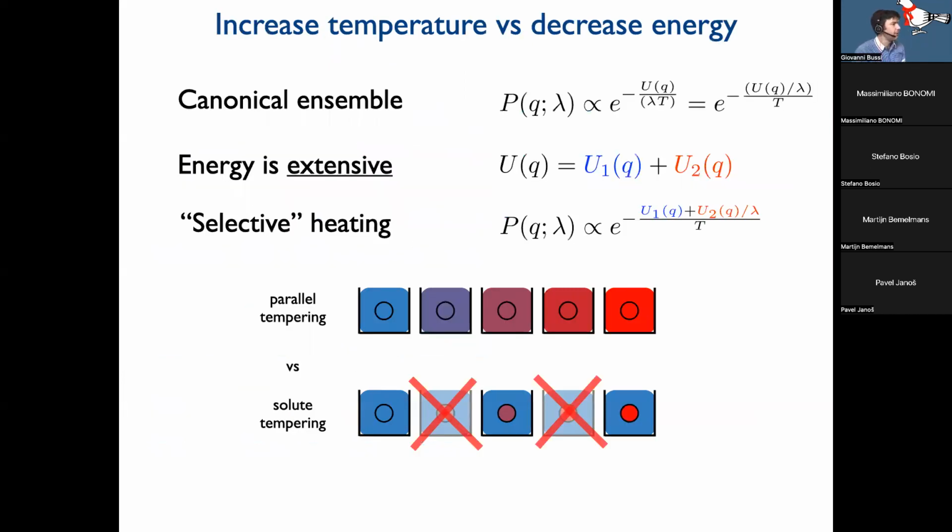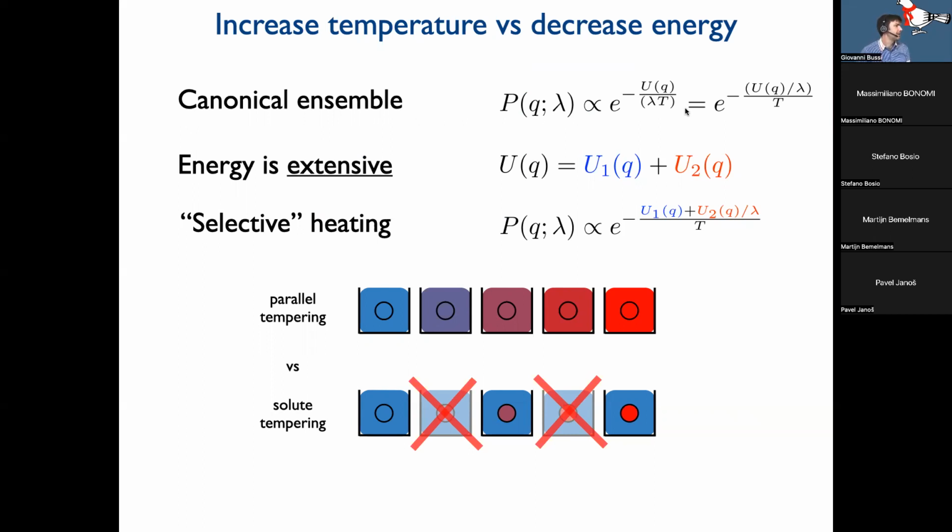Okay, good. So now let's go to something more specific of the method that we are going to discuss today. The idea of parallel tempering is that of increasing the temperature. Now, if you look at how the temperature enters in the probability distribution associated to the canonical ensemble, you see it enters as a division here, energy divided by kBT.